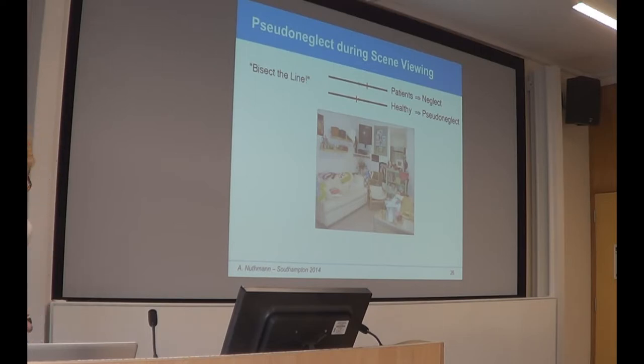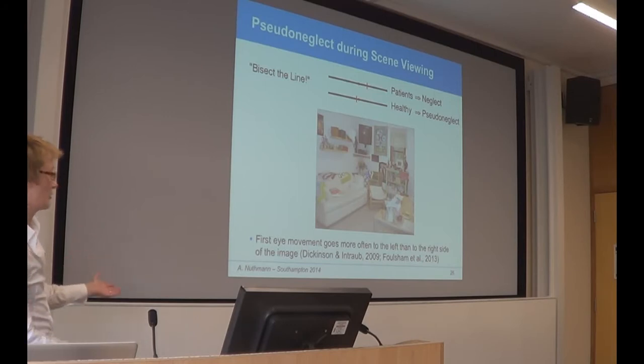However, at least two studies report that the first saccade in a scene more often goes to the left side than to the right side of the image, about 60 to 40%. However, scene exploration is an active and dynamic process which extends beyond the first saccade. So we wanted to look at the time course of any leftward bias.